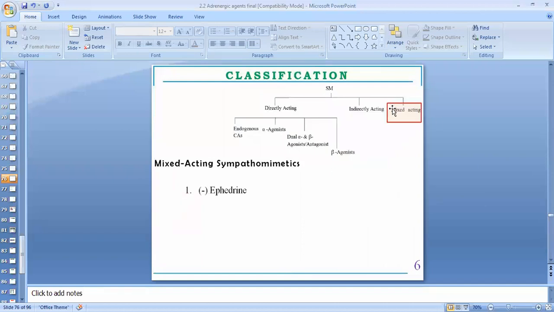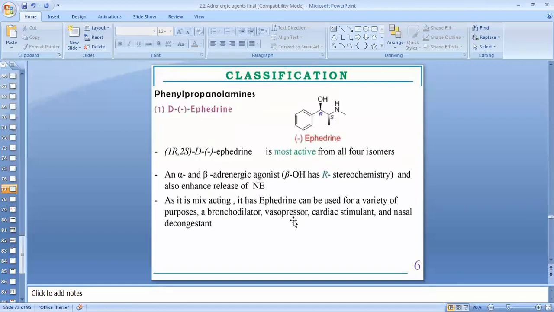Now the next and very important last class is mixed acting sympathomimetic drugs, and the name of the drug under this category is ephedrine. Ephedrine is a phenylpropanol derivative. Ephedrine is a naturally occurring drug molecule in ephedra.